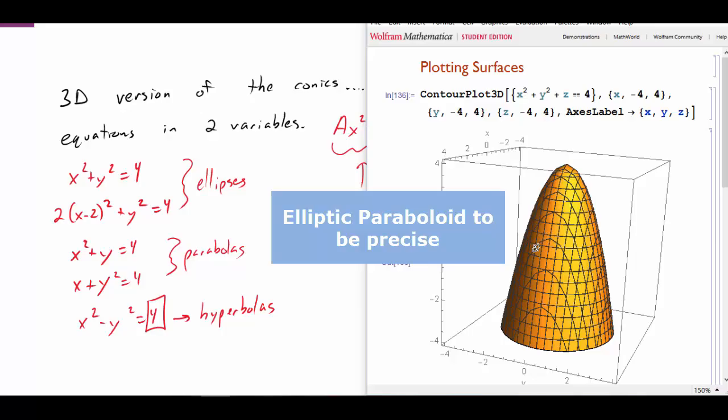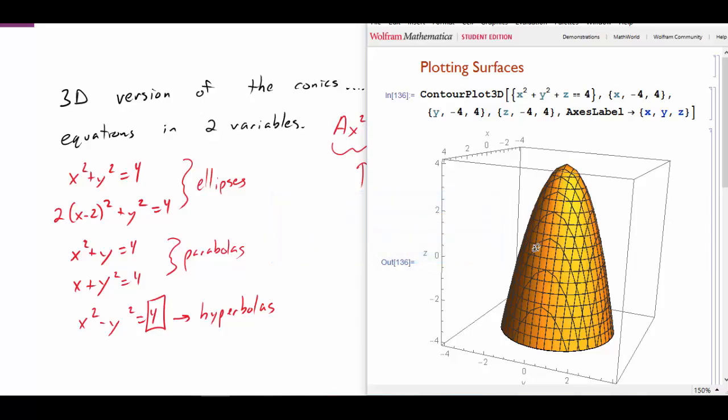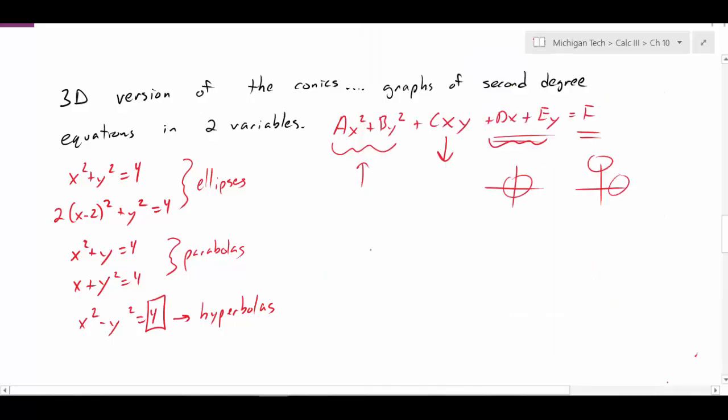And now we can generate this shape once again if we look at the cross sections. So if I have an equation that looks like x squared plus y squared plus z equals 4, I could ask what happens if z equals 0. I would get this equation, which gives me a circle in this plane.